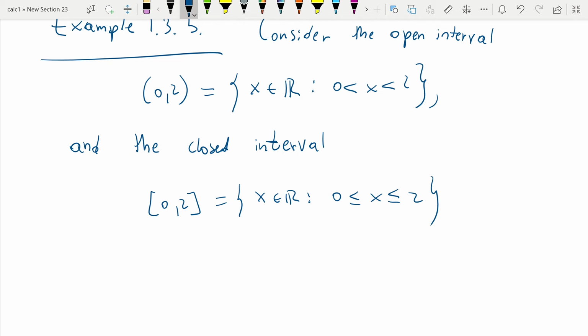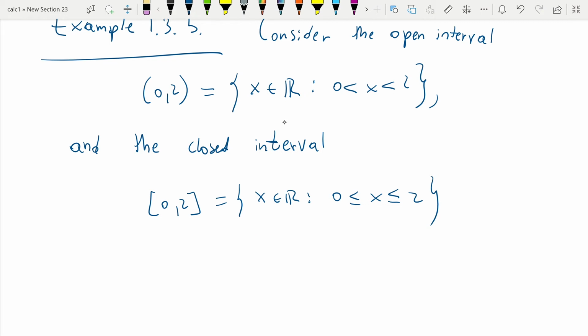We check: is 0 greater than or equal to 0? Yes. And is it less than or equal to 2? For sure. So 0 belongs to the set.